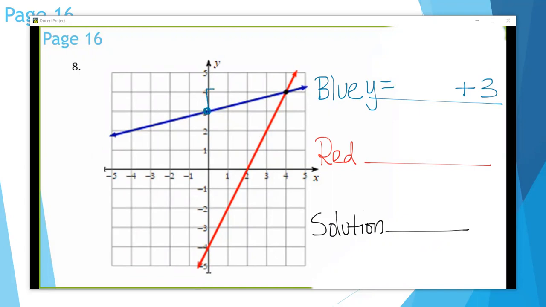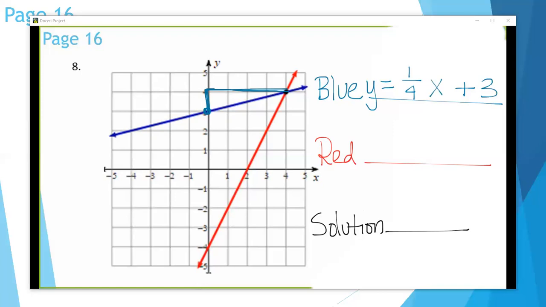And then I have to go up 1, to the right 4. So it's a positive slope because this line is going up. I have to go up 1, to the right 4. So my slope would be 1 over 4, x plus 3. That is the equation for the blue line.